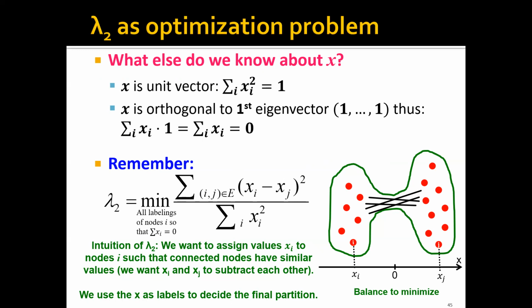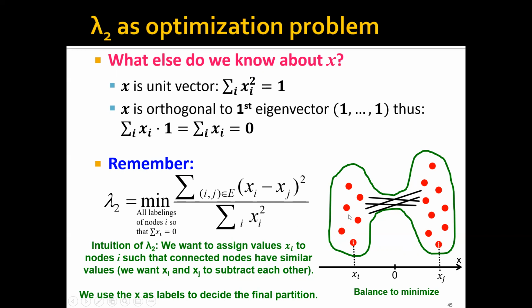Another interesting fact is that because the sum of squares of xi is equal to 1 and the sum of xi is equal to 0, the solution tends to be a balanced solution. Why?